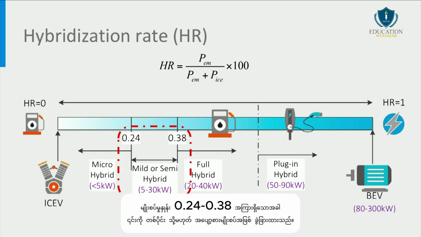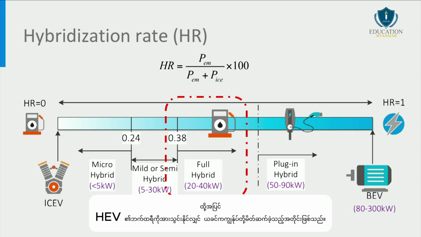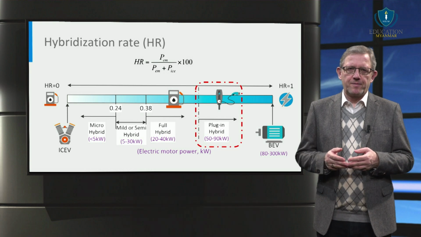When the hybridization rate is between 0.24 and 0.38, it is then distinguished as the semi or mild hybrid. When the hybridization rate is higher than 0.38, we can then consider it as a full hybrid. Apart from that, as we introduced before, if the battery of a hybrid electric vehicle can be charged from a charging port, it is classified as a plug-in hybrid electric vehicle.